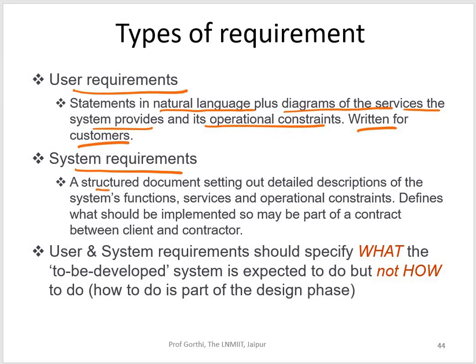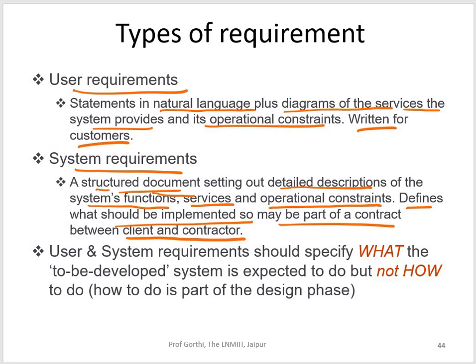In case of system requirements, a structured document setting out the detailed descriptions of the system's functions, services, and operational constraints is added. So it defines what should be implemented, so it may be part of a contract between your client and contractor.